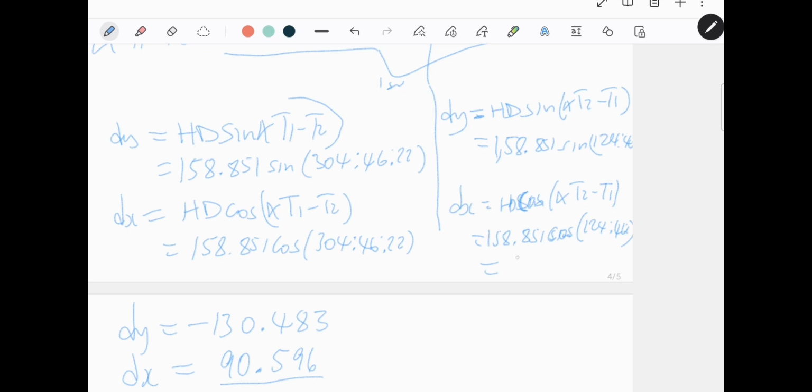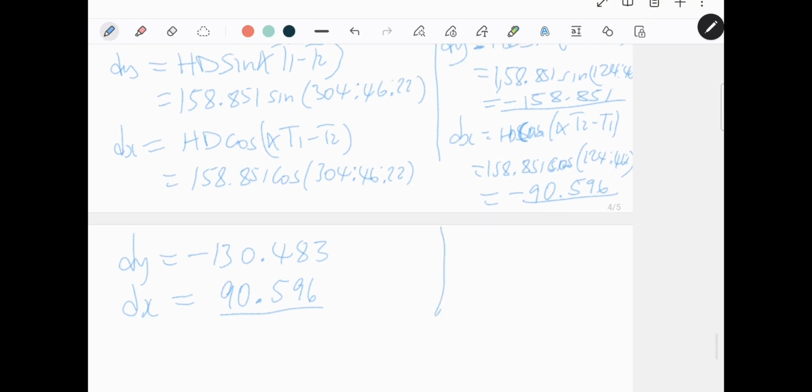So you're going to get the same number for dx, but it's going to be negative 90.596. And here when you're pressing, you're going to get the same number but in opposite sign, negative 158.851. So that's what you're having.